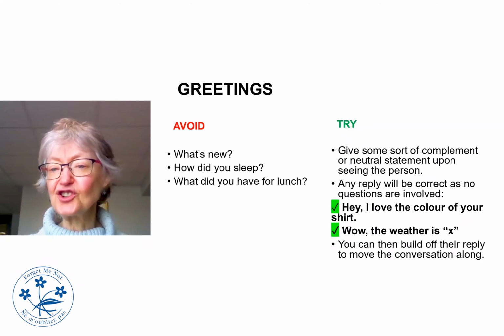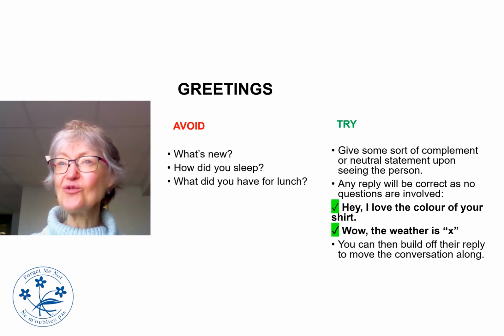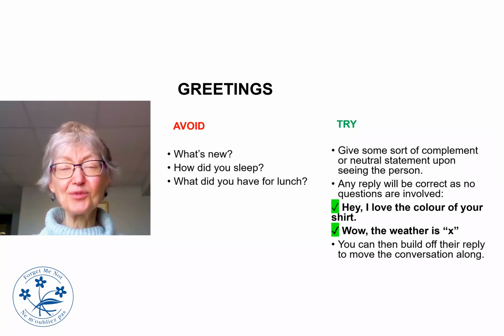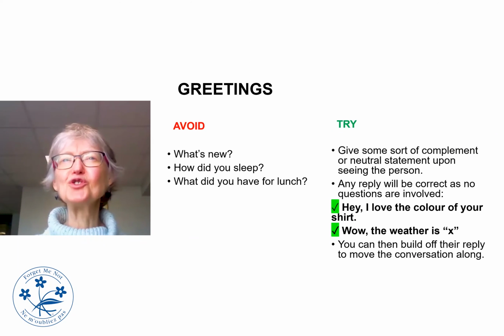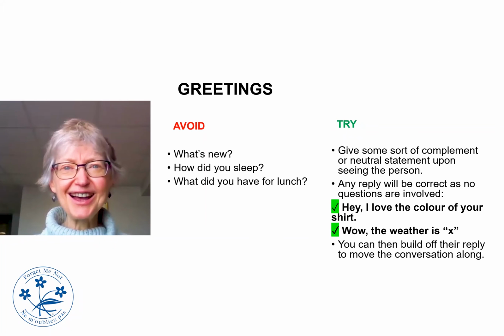I've said here, you should give some sort of compliment. Oh, I really like that shirt you're wearing. Oh, I really like the flowers sitting on the table. Not who gave them to you. They're beautiful. Make a comment on it, but don't quiz about it. Or some neutral statement like, oh, today, blue sky. It's gorgeous. I have sunshine.